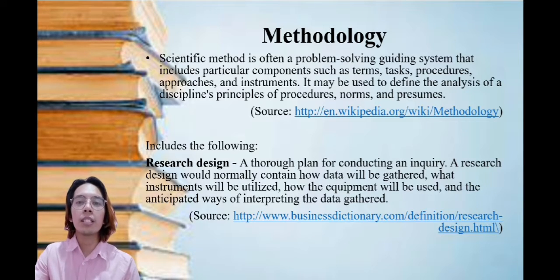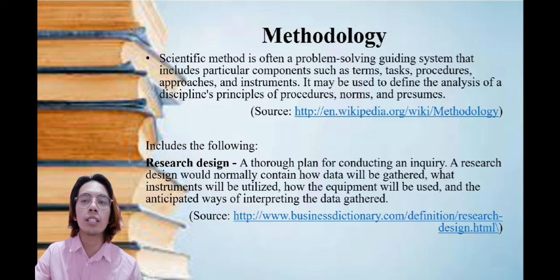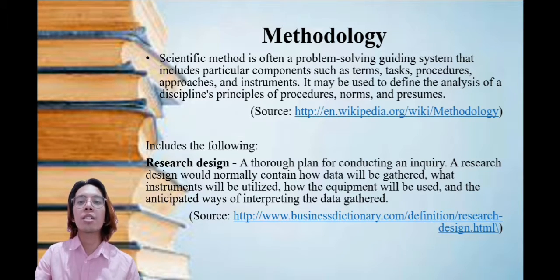It includes the following: research design, a true plan for conducting an inquiry. A research design will determine how data will be gathered, what instrument will be utilized, how the equipment will be used, and the anticipated ways of interpreting the data gathered.